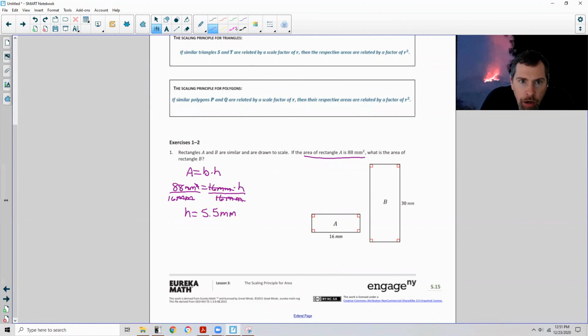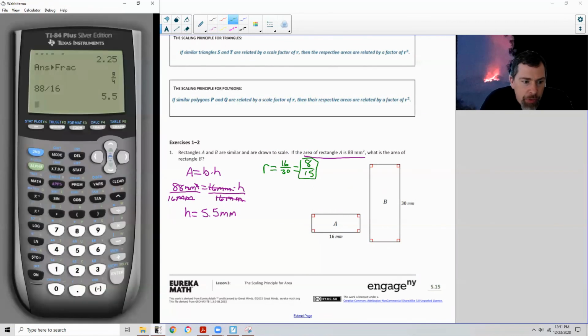So our R, let me change colors for this, our ratio is 16 to 30 from A to B, A over B. And that reduces to 8 over 15. Okay, so that is our R right there, 8/15. So if I take 16 times 8/15, I should get 30. 16 times 8 divided by 15.